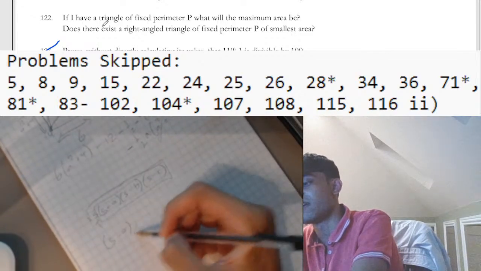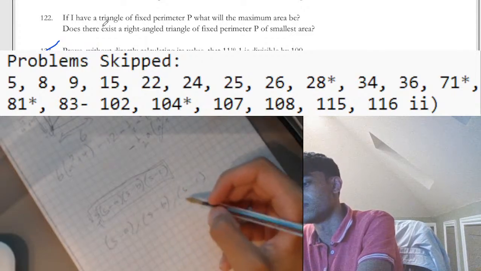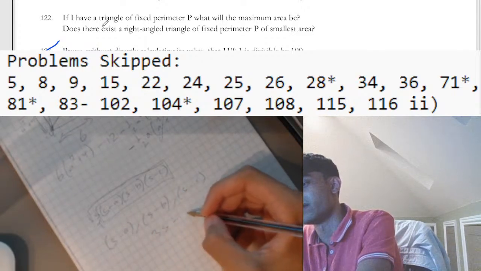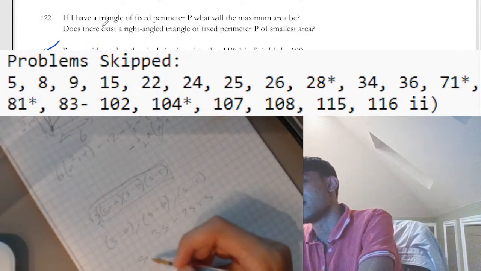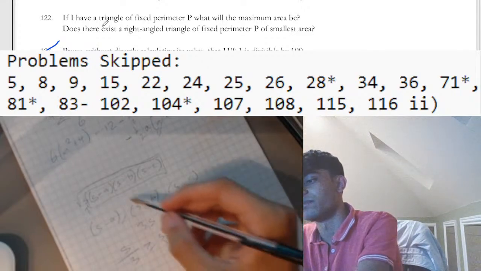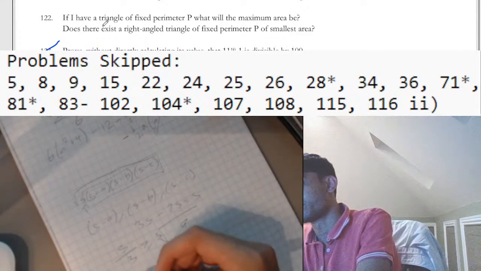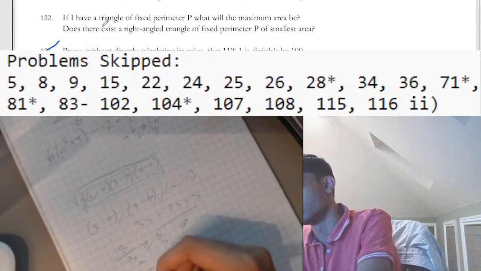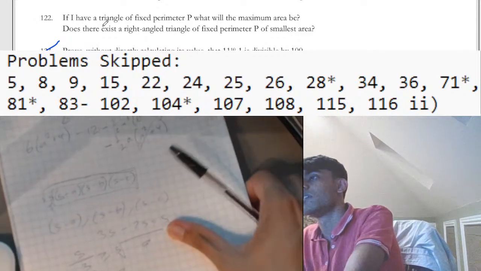So S minus A, S minus B, S minus C have fixed sum because their sum is 3S minus 2S, which is S. So by AMGM, S over 3 is greater than or equal to the cube root of the product. So the product is at most S cubed over 27, which is P over 2, whatever, over 27.